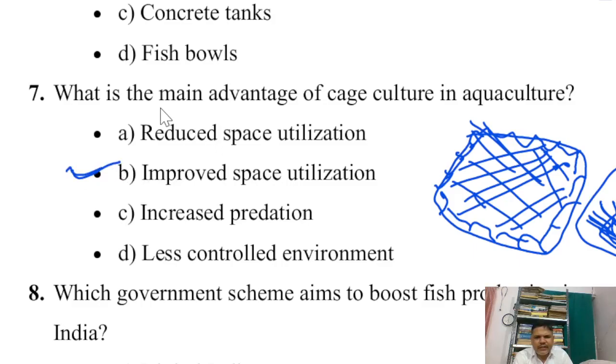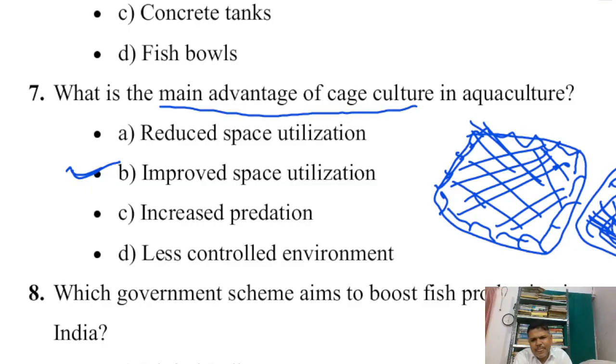So it is the main advantage of cage culture. In a big pond, if we use the entire pond for fish culture activity, then a huge amount of capital is required, and if we do not have such an amount of capital, we can perform it in a small part of the pond, and the rest of the pond we can use for another type of activity.